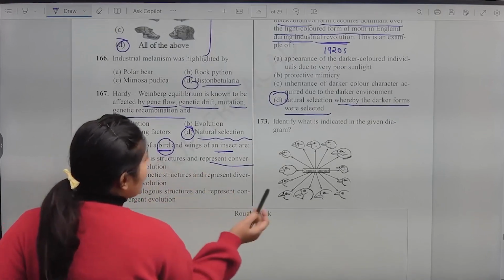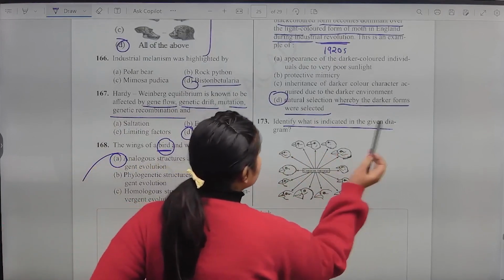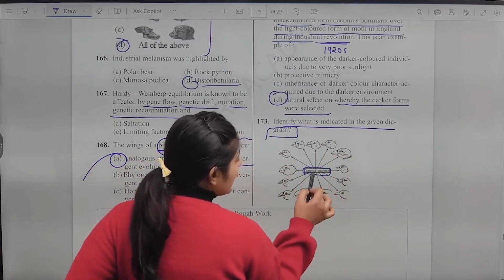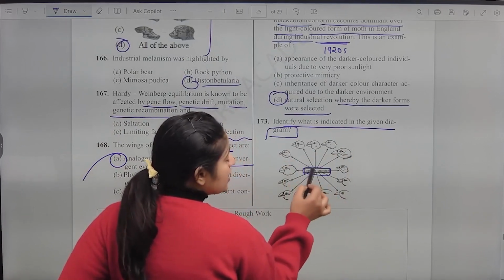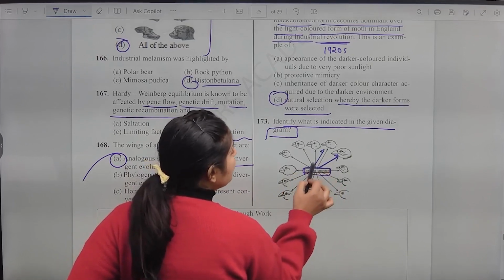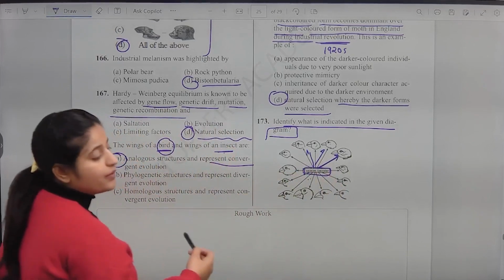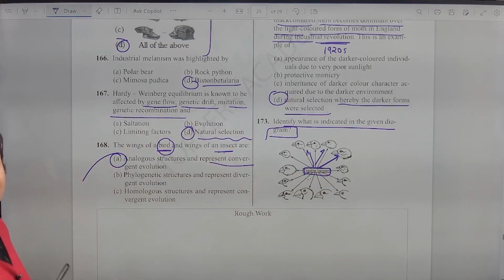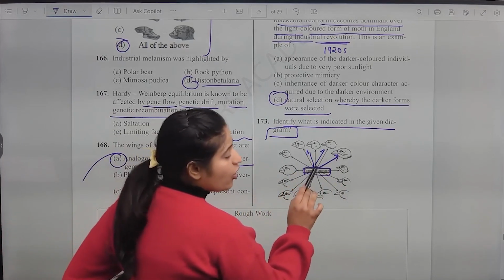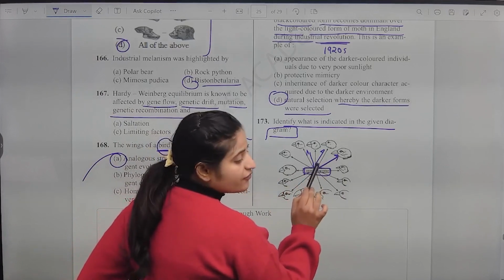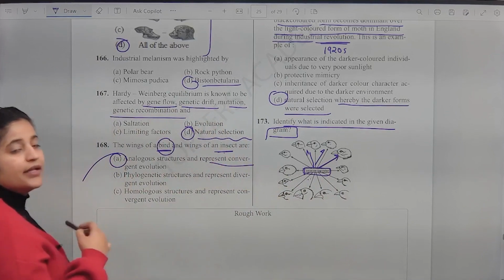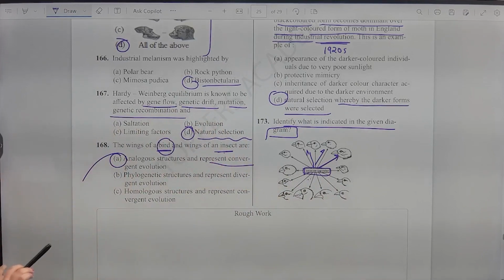Identify what is indicated in this given diagram. Here we have the common ancestor, but they all radiated in different directions and became different finches. They all originated from the same finch ancestor, but according to their habitat they became different finches.